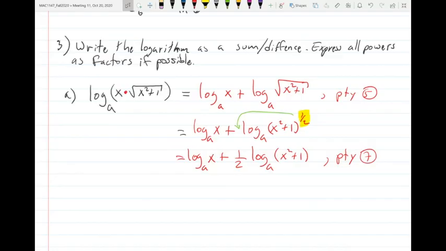We cannot do anything about it. Also, the 2 right here, we cannot touch it. We cannot bring it down, because to bring the power down, you need to have the entire argument to that power. Here it is just the x, so we cannot bring the 2 down either. So this is as far as we go, right? So we stop right here for this example. Okay, questions?